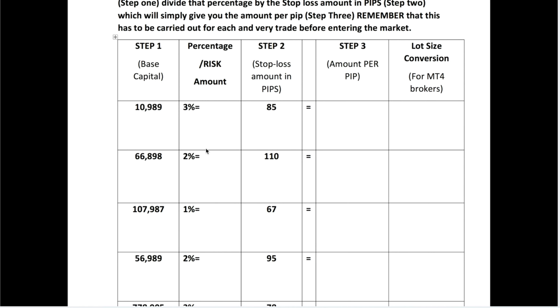Some people like to keep it a straight 1% every single trade regardless, which is cool. I advise that myself. Some people like to go a little bit more, 3%, 4%, even maybe 5%. Now, if you are risking 4% or 5%, that's going to be down to, okay, how much can I afford to lose in this market?